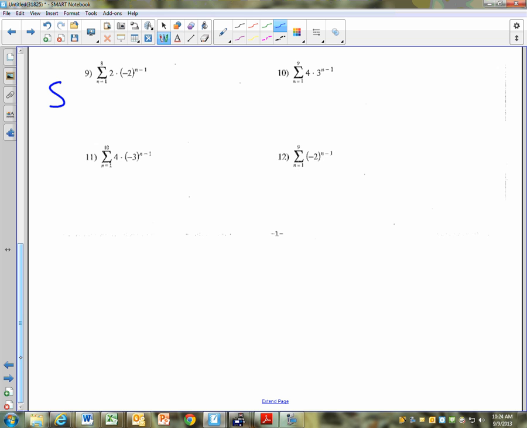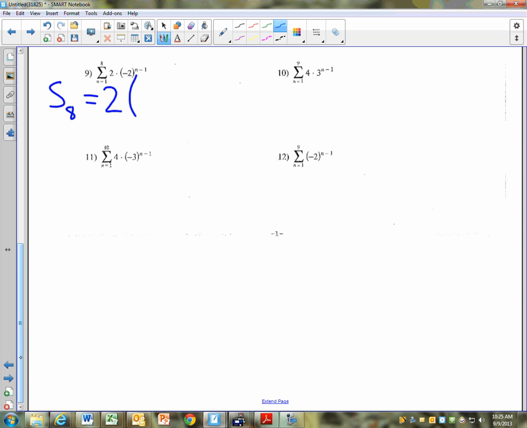I start at 1, I go to 8. Sum of the first 8 is equal to, I take a sub 1. How do I calculate a sub 1? I plug 1 in. What's 1 minus 1? 0. Negative 2 to the 0 times 2. So 2 is my first term.